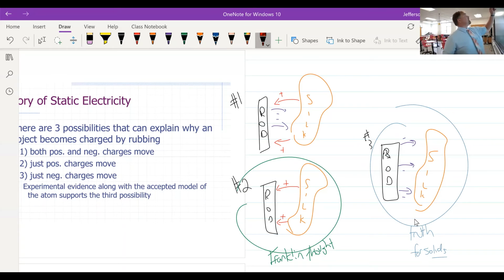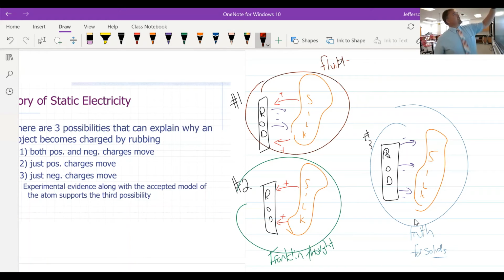In liquids, and I'll circle this in red, for fluids, it doesn't really pertain to this particular thing, but if you're talking about fluids exchanging charges, both positives and negatives move. But Ben Franklin chose this one, which I'll put in a nice little red here. This is what he thought, which turned out to be completely wrong. We now know it's number 3.